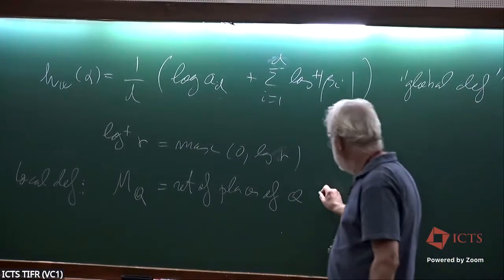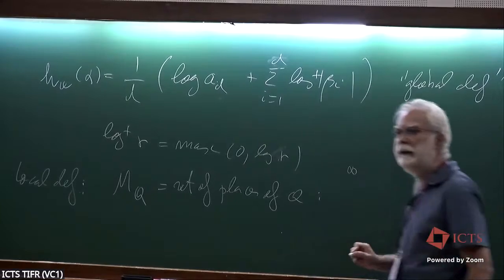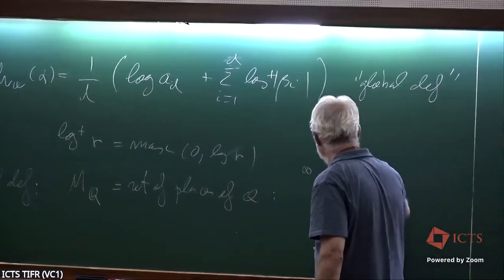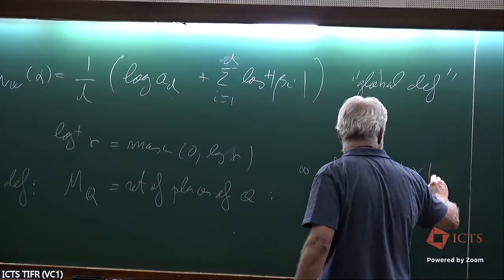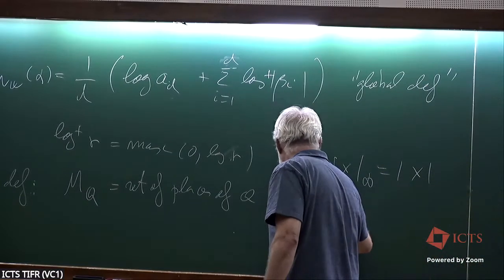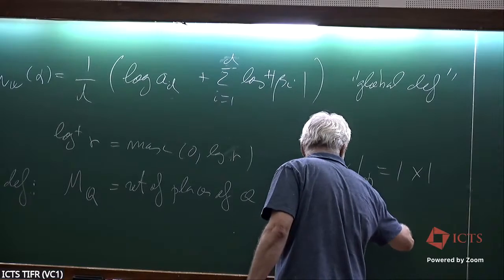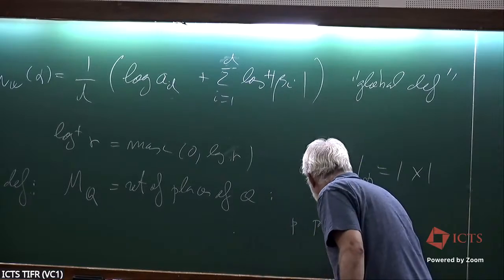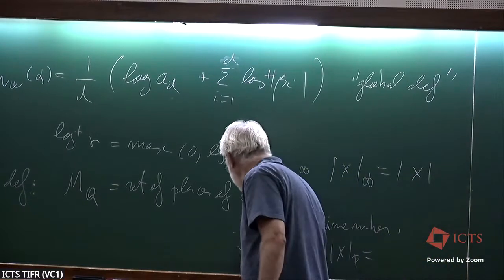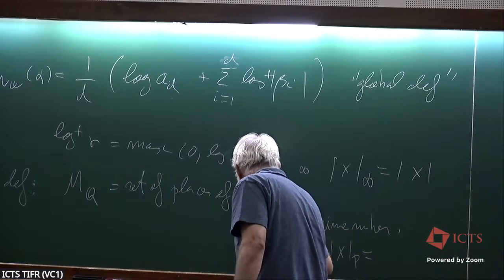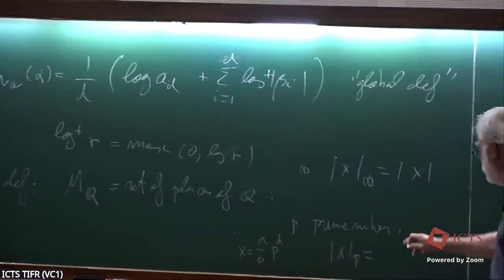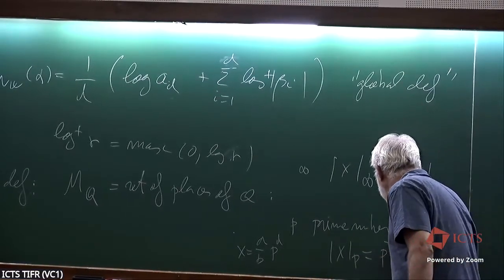Remember that the set of places consists of the symbol infinity, where the absolute value at infinity of x is just the usual absolute value, and then the symbols p, prime, where the absolute value of x at p is as follows: if x is equal to a over b times p to the d, where a and b are coprime with p, then this will be just p to the minus d.